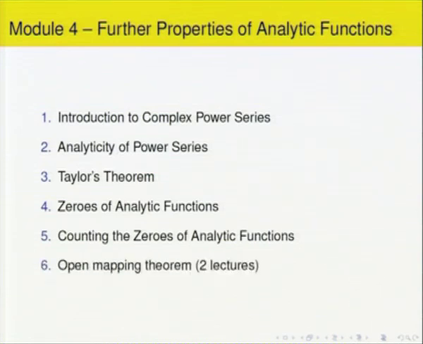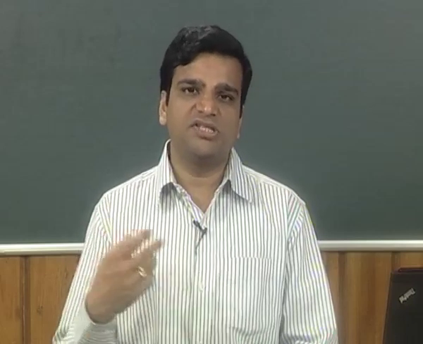And then we also use Taylor's theorem to prove the open mapping theorem, which asserts that a complex analytic function is an open map, that is it takes open sets to open sets. Okay.